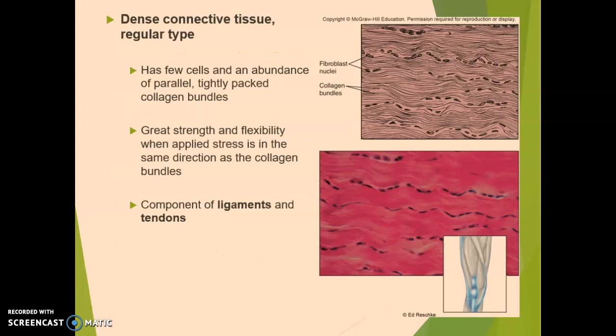For dense connective tissue, regular type, you can see that it has kind of a pattern. So there's a lot of strength and flexibility when force is applied in the same direction. No twisting. If you do have a twisting force on these connective tissues, you will most likely end up with some type of injury like an ankle sprain.